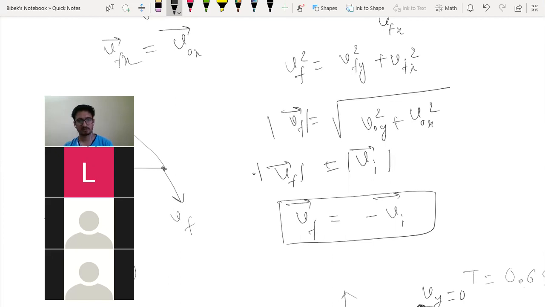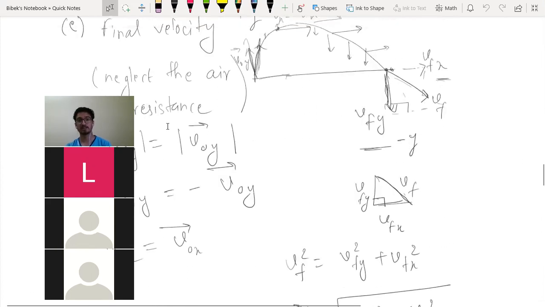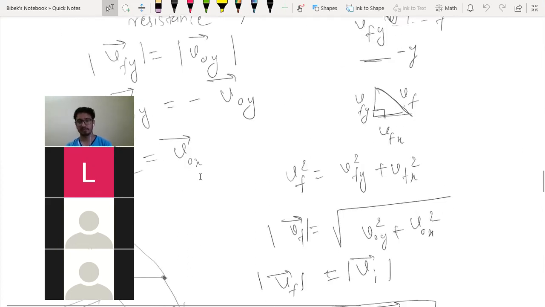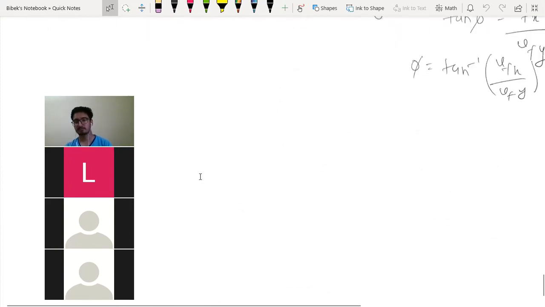So the final answer is just that? Yeah, it's just this one, but you need to provide reasoning. The reasoning you can give is you can either solve calculations like I did here in number 2, or you can just write it in words. Okay.